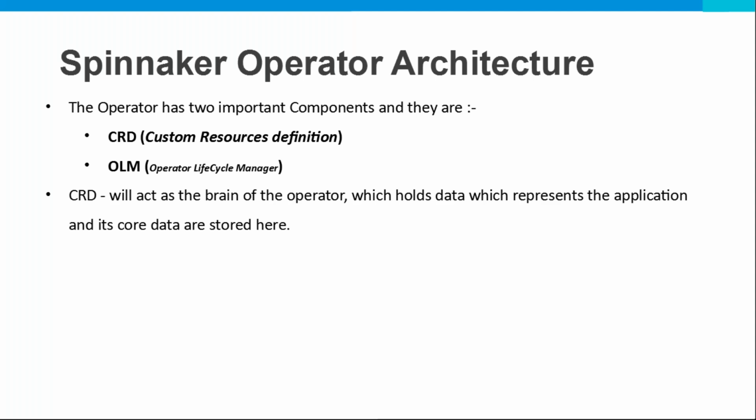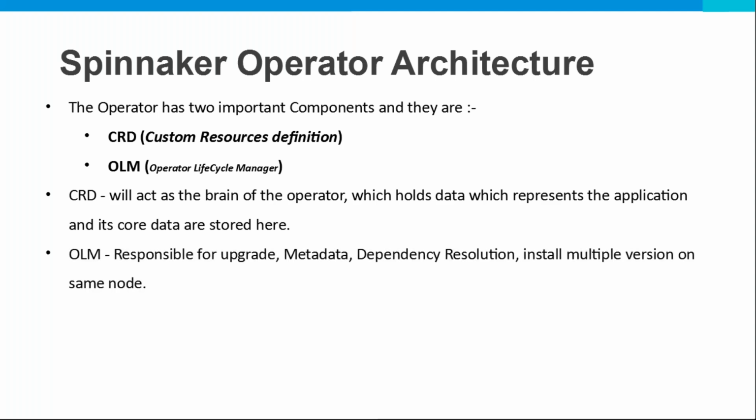Coming to the operator lifecycle manager, this is responsible for upgrading or maintaining the metadata of your operator, dependency resolution, or installing multiple versions on the same node. So to control all of this, the operator lifecycle manager is required. And OLM is by default available in OpenShift. You don't have to explicitly go ahead and configure an OLM for OpenShift, whereas in Kubernetes, you have to explicitly make this available.